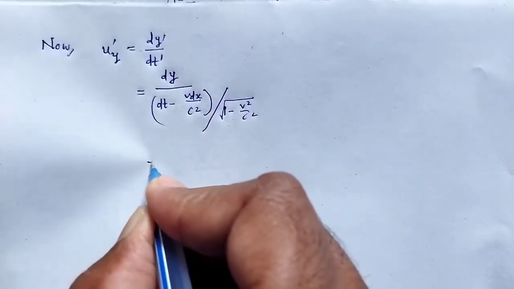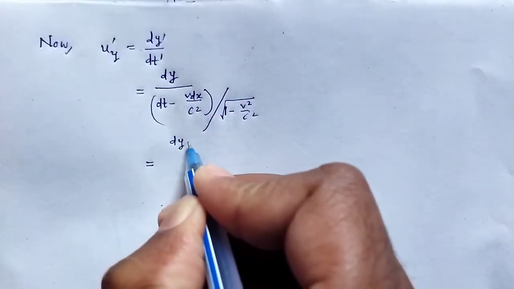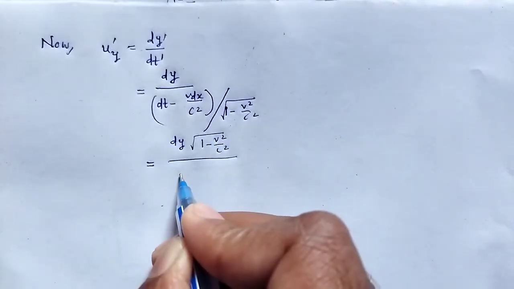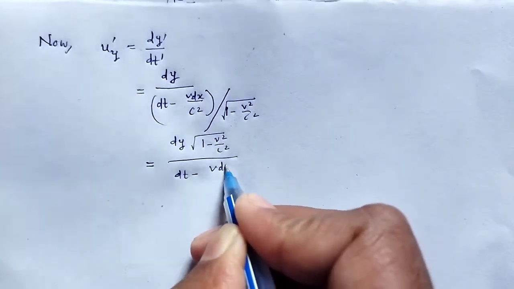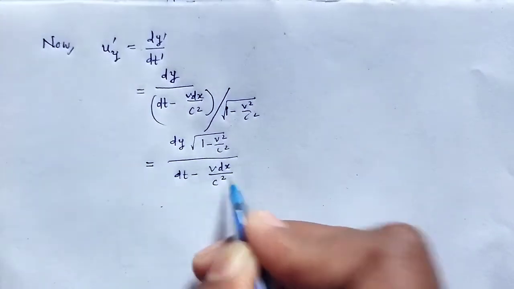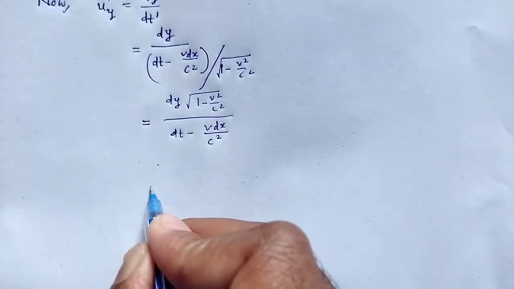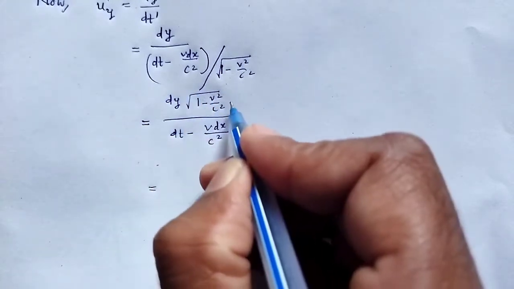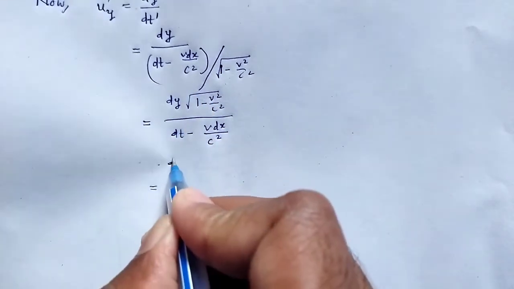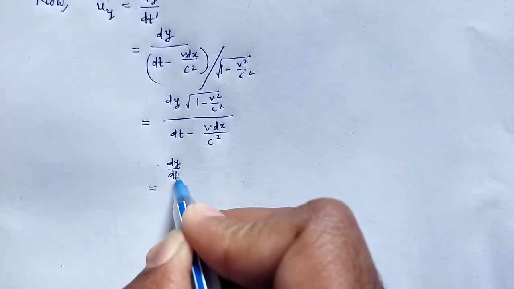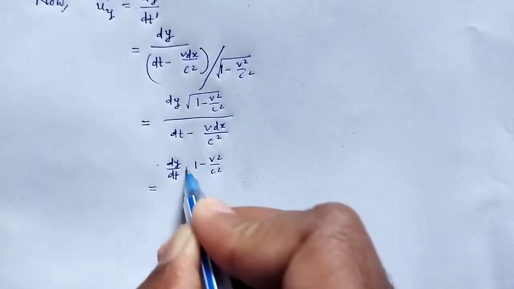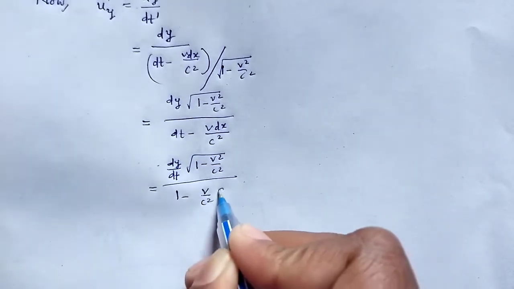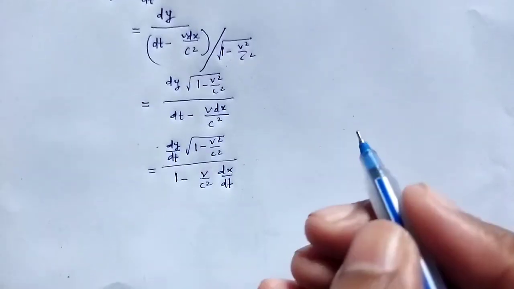That will be dy into square root of 1 minus v square by c square divided by dt minus v dx divided by c square, which is equal to dy by dt. Dividing dt in both numerator and denominator, that will be dy by dt square root of 1 minus v square by c square divided by 1 minus v by c square dx by dt.